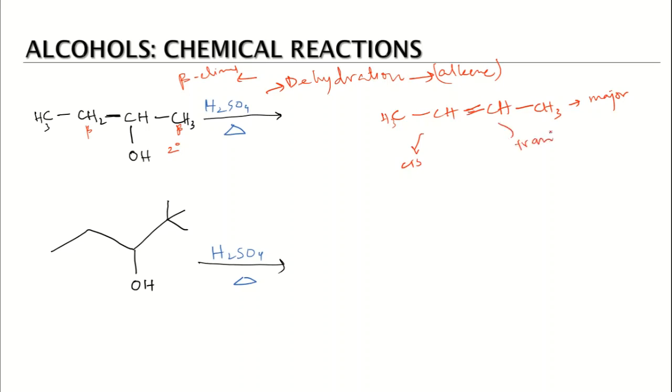As we have already discussed, the trans one is more stable than the cis, so trans is formed as the major product. If we are asked about the stereochemistry of the major product, then we have to write the trans product. So this will be the product in this case.